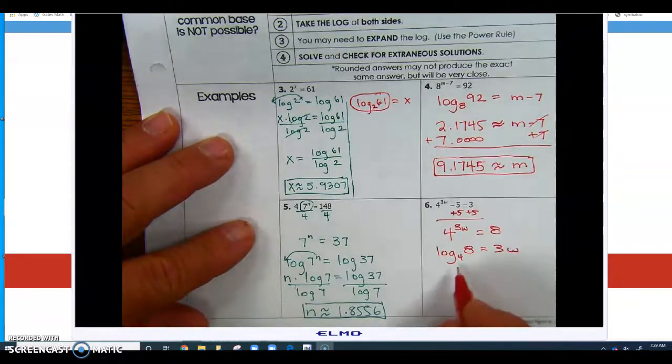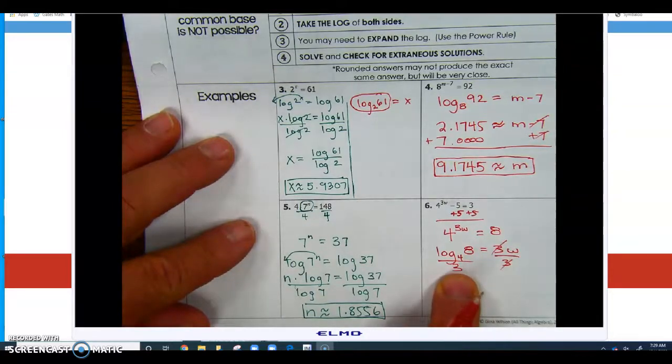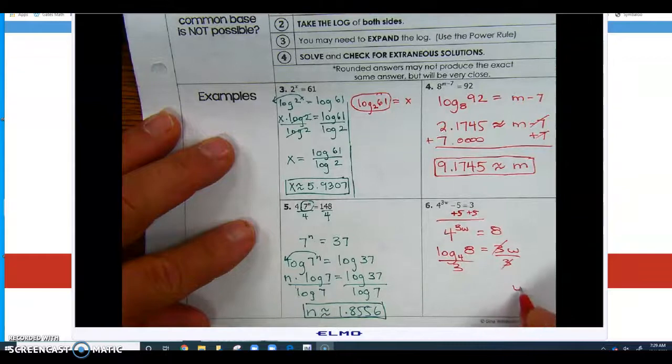Now all I got to do is divide by 3 on both sides. Type this expression in the calculator. W is approximately equal to, looks like 0.5 or 1/2. And it's not approximately equal to, it's exactly equal to, because this one could be simplified.